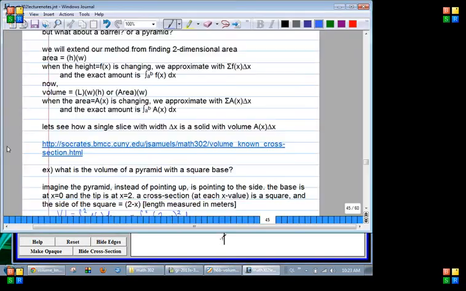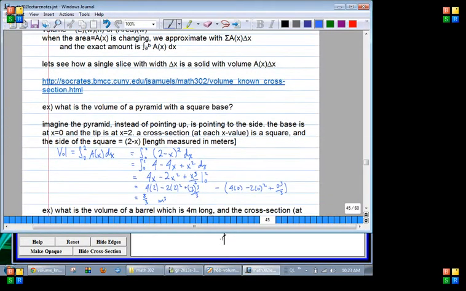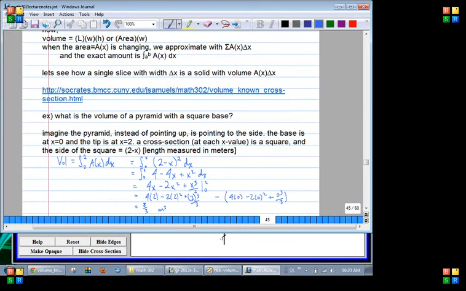So here's an example where we're looking at a square. We figure out that the side of the square is 2 minus x, so the area of the square is going to be (2 minus x) squared. That's the area, so you just integrate that, and that'll give you the volume. And we can do this saying that our shape runs along changing x values, in which case each area is a function of an x value, so we're going to integrate dx.